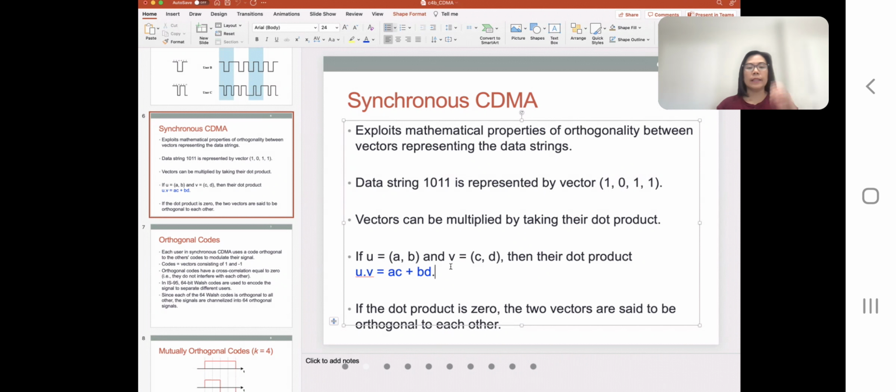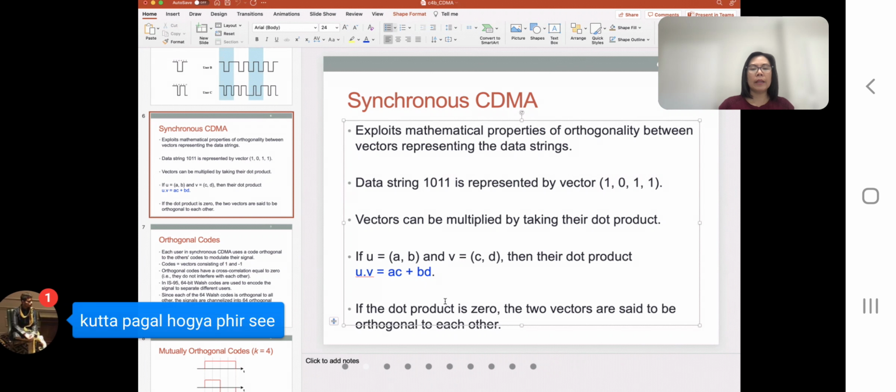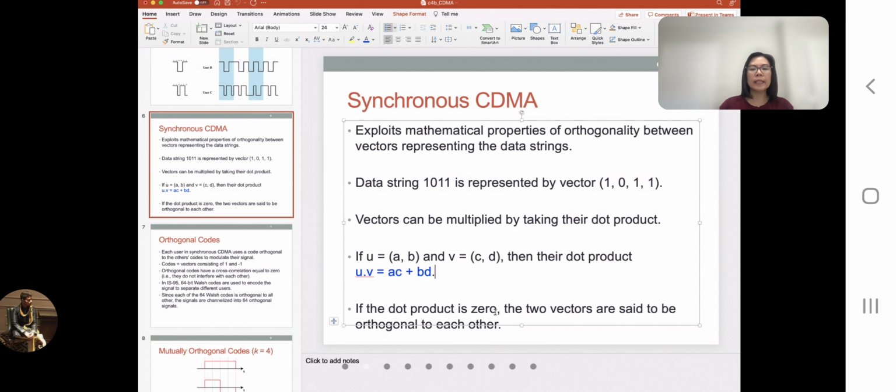So that's the definition of orthogonality between vectors. If we take the dot product of two vectors and the dot product is 0, then we say that they are orthogonal to each other. Now assume we have one more component here, let's say X and Y, then it should be the same thing, plus X times Y, and so on.